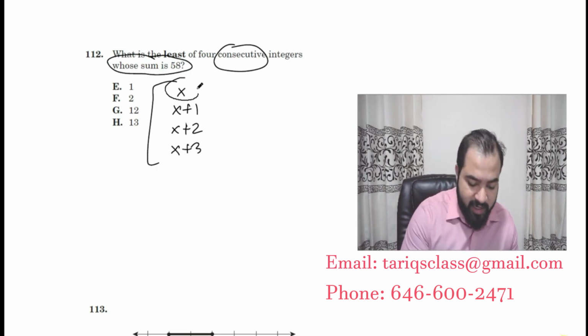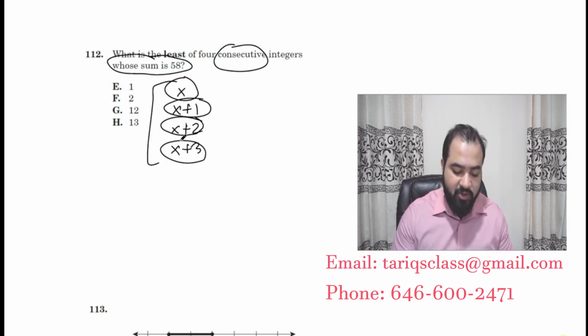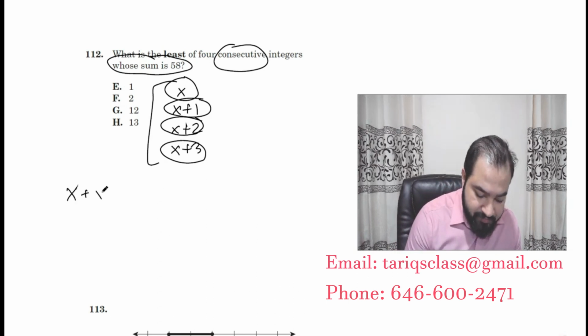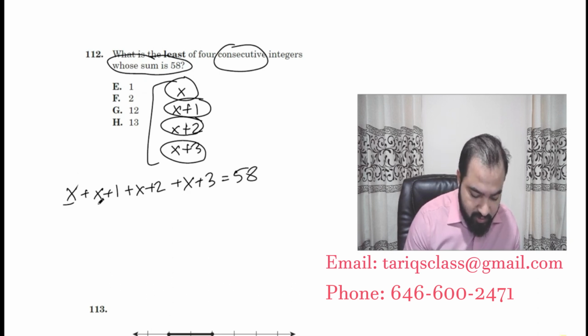We can say x plus x plus 1 plus x plus 2 plus x plus 3. If we add all these 4 numbers, it should be equal to 58. So we can say x plus 1 plus x plus 2 plus x plus 3 is equal to 58. Now we have 1, 2, 3, 4 x's, so 4x.